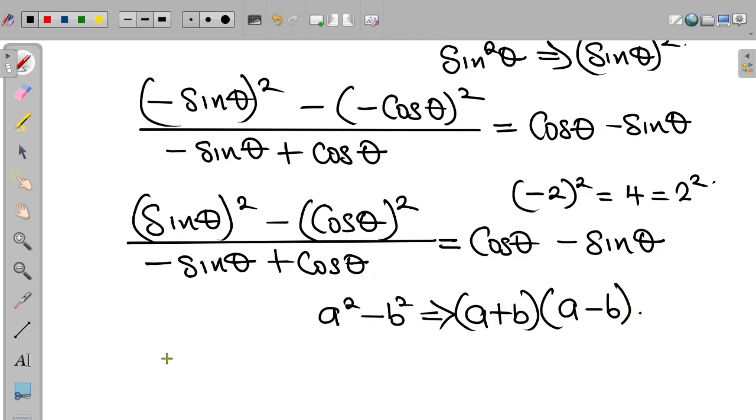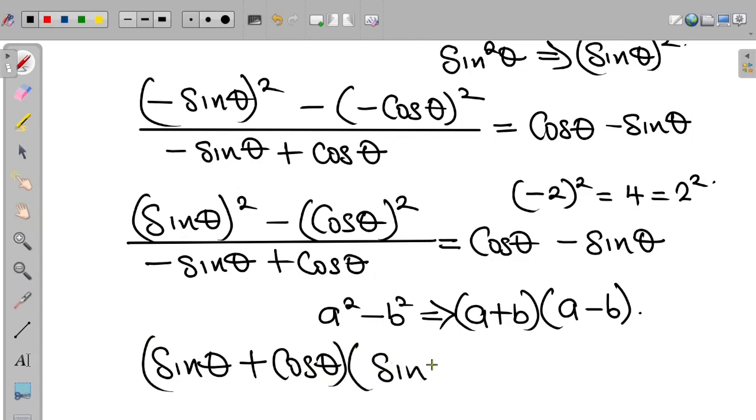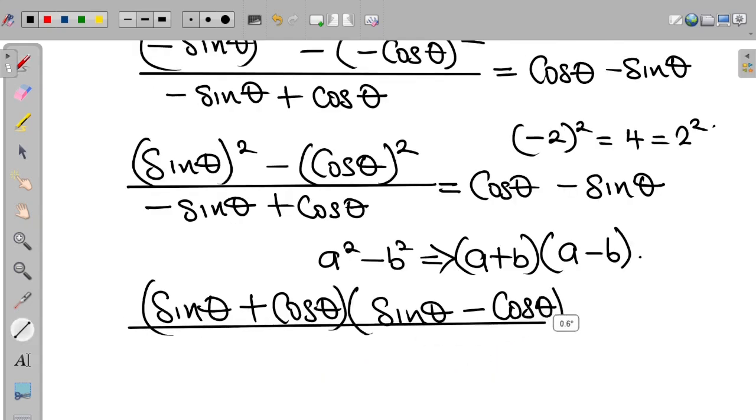So therefore, the numerator becomes sine theta plus cos theta, multiplied by sine theta minus cos theta. And this is divided by minus sine theta plus cos theta.